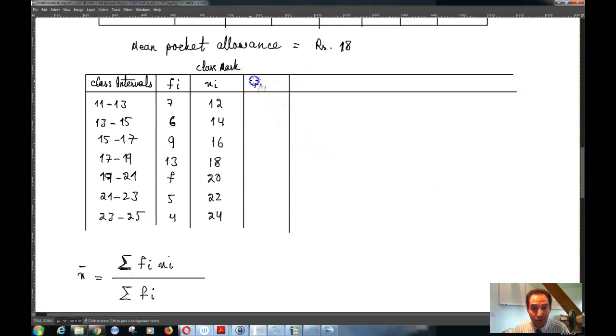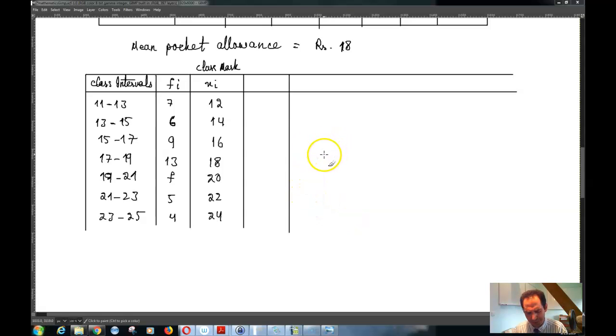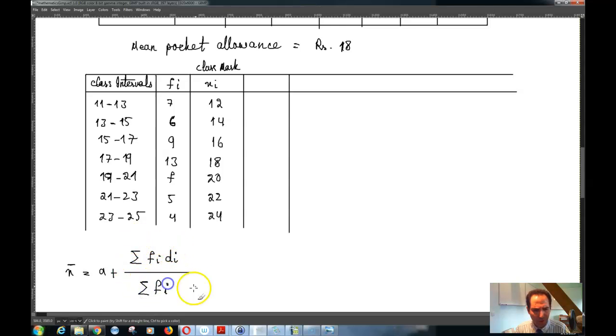So let's say that you want to use the other method, which was basically the assumed mean method. In the assumed mean method, we said that x bar is equal to a plus sigma f of i times d of i, divided by sigma f of i.